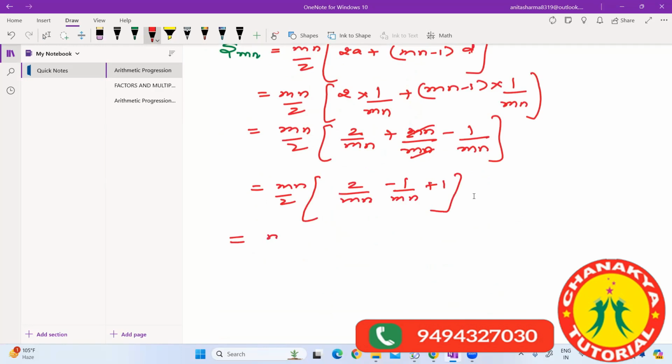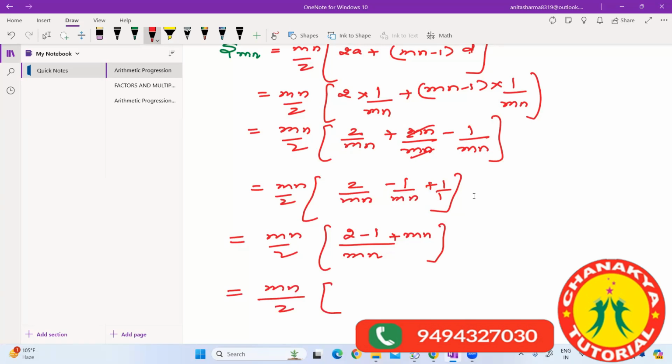So you can take the LCM, mn LCM you can take. So 2 minus 1 plus mn you will write. Right, children? Yes, ma'am. Then mn upon 2 into 1 plus mn by mn. mn cancels. So half of (mn plus 1).